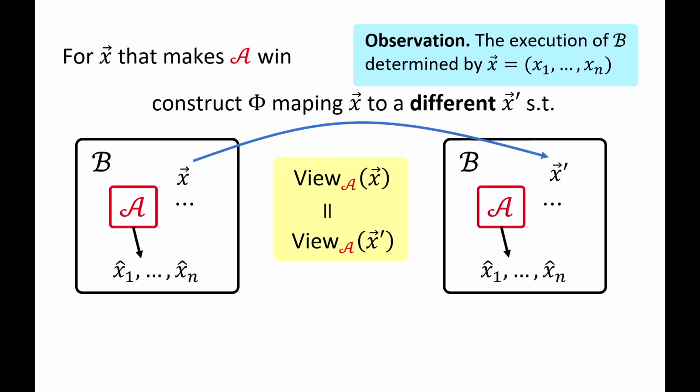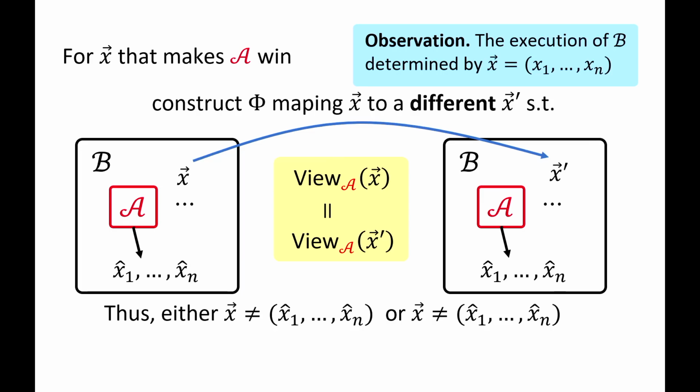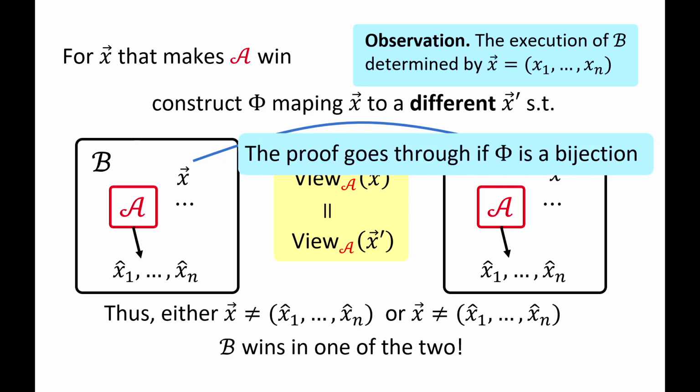Therefore, the output of A should be identical in both cases. And therefore, either x is not equal to x hat, or x prime is not equal to x hat. Then we see that B wins in one of the two cases. So the proof goes through if phi is a bijection, and it is left to see how to construct such a phi.